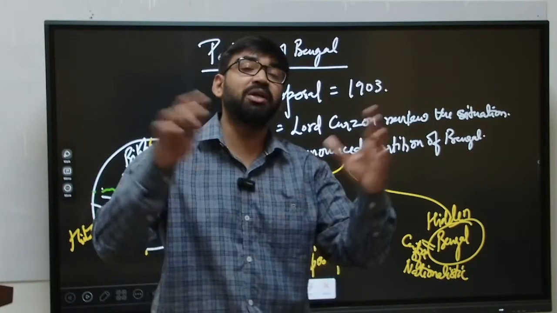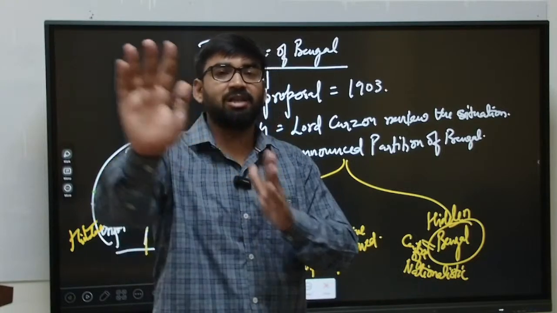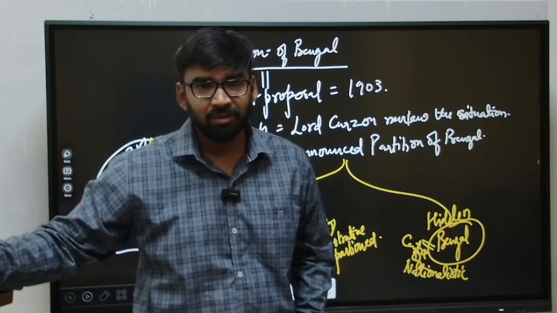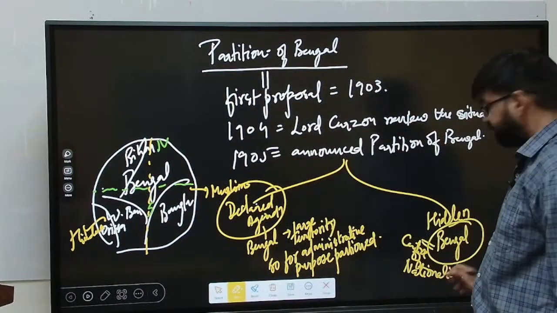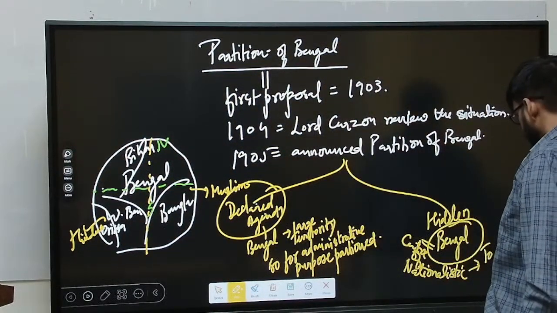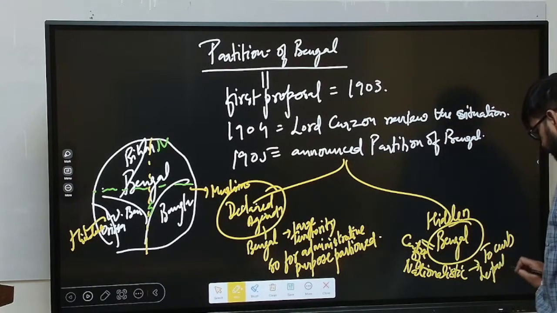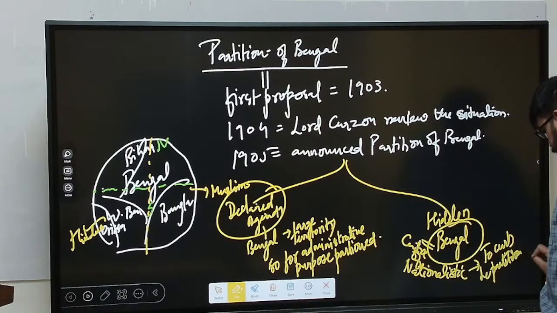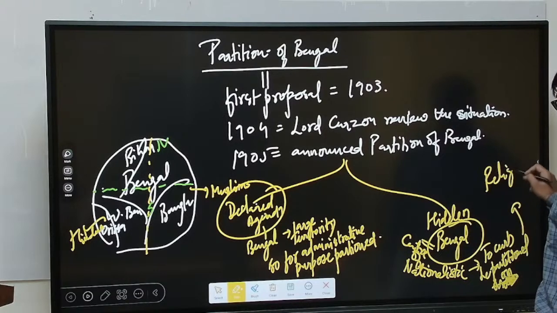He partitioned Bengal on religious lines. Clear? So that is why, to curb nationalistic activities, he partitioned on religious lines.